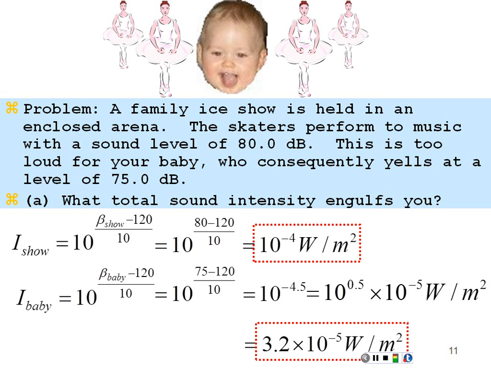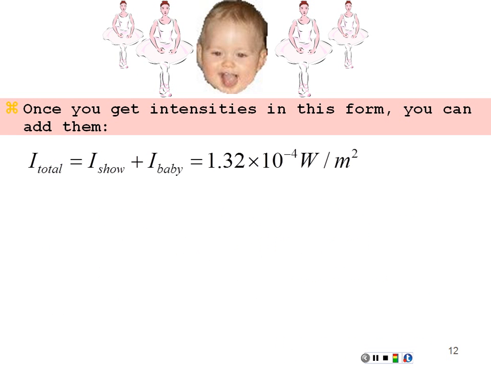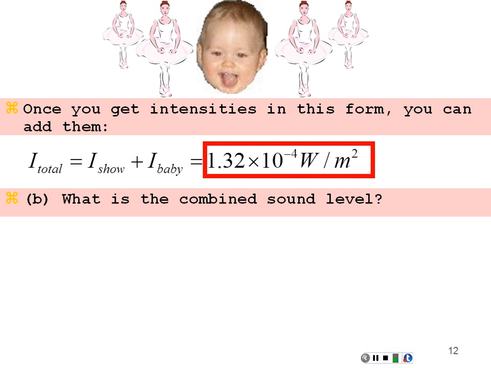I'm going to add these two intensities together. And if I do, the intensity of the show plus the intensity of the baby is 1.32 times 10 to the minus 4 watts per meter squared. And now I have the total intensity, which is a linear idea, and I'm going to now convert that back to the logarithmic sound level.